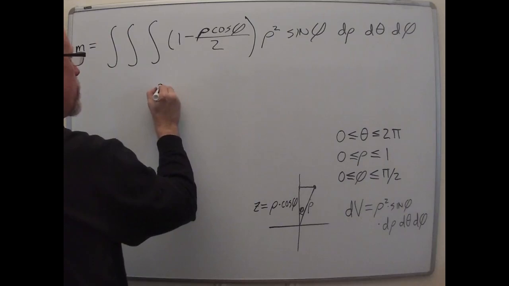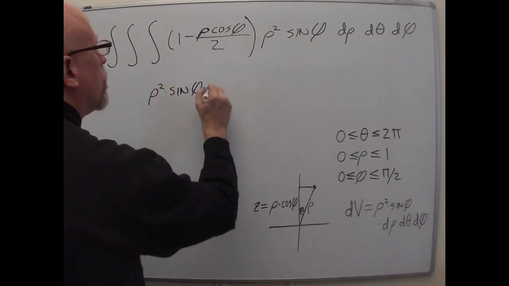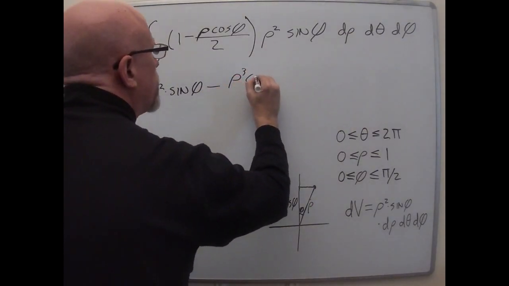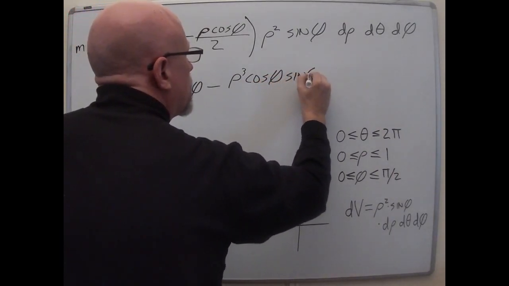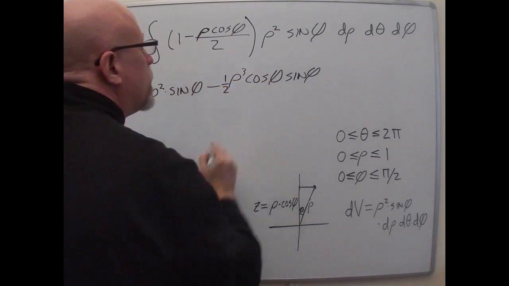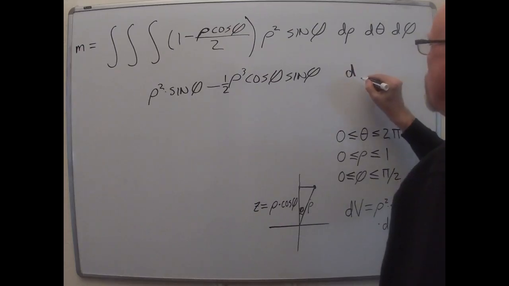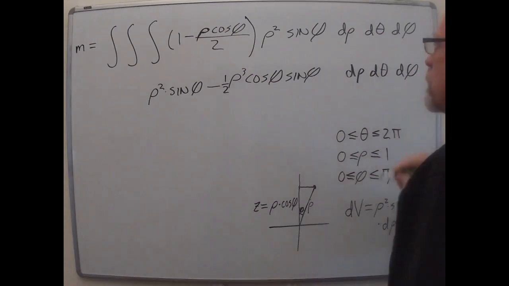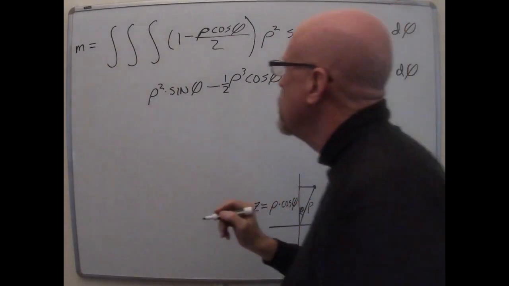So rho squared sine phi minus rho cubed cos phi sine phi over 2, d rho, d theta, d phi. I think that'll be okay.